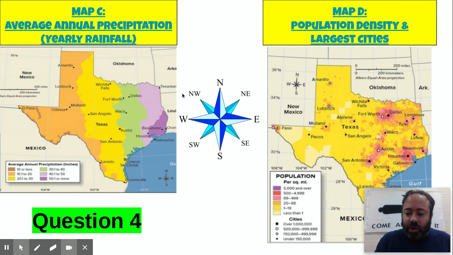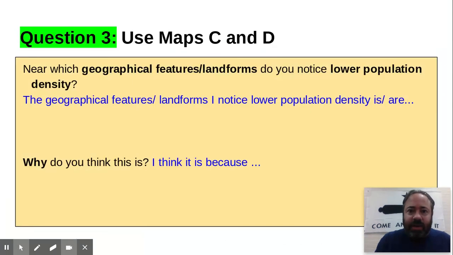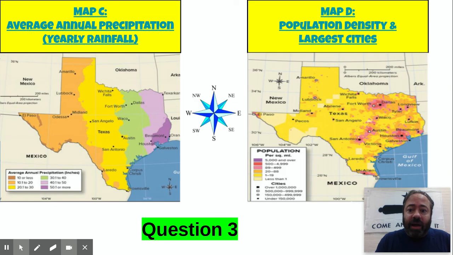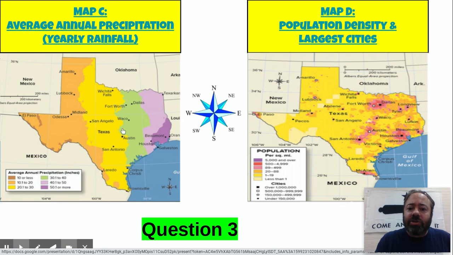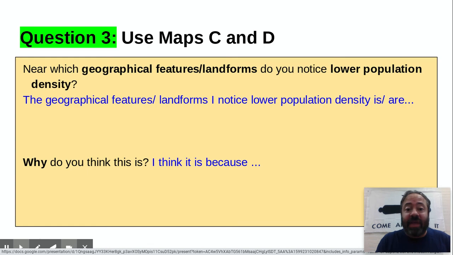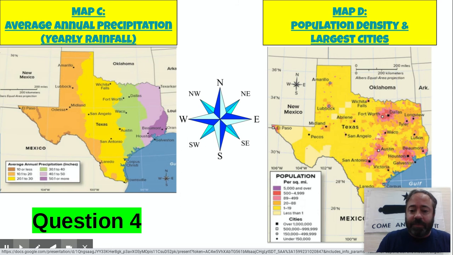Okay. Let me go back to three. The question asks, do you notice anything different about the lower population? Well, the people don't live over here, and it doesn't look like they get much rain over here. So people tend to live where there's more rain. Now, you can get too much rain, and then that's different. But why do you think people don't live where it doesn't rain?